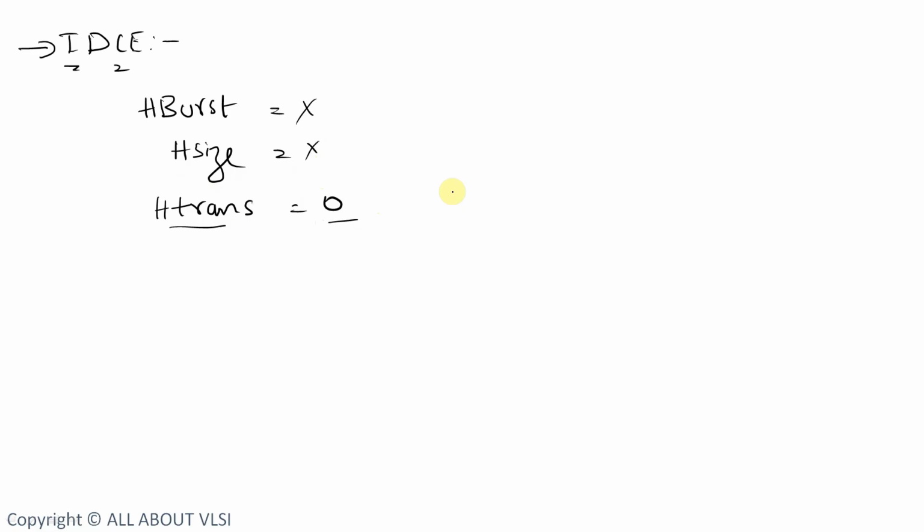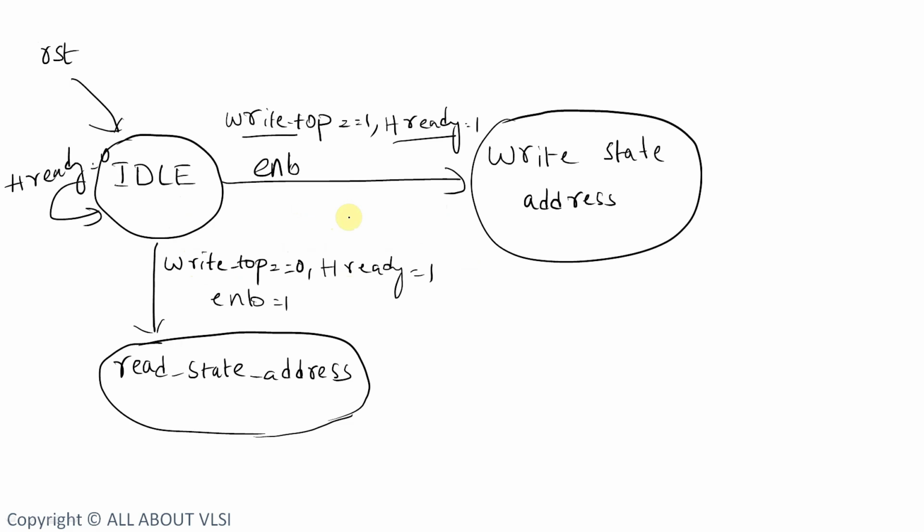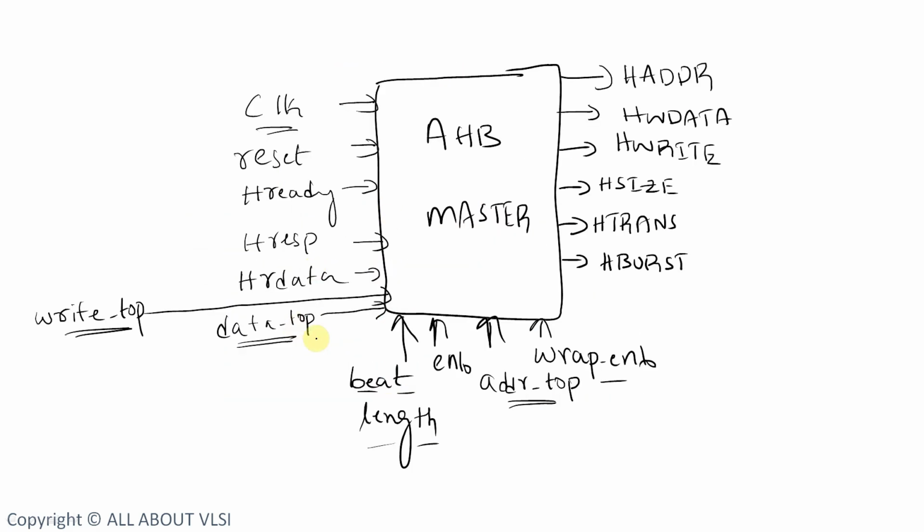If you haven't watched the previous recordings on the theory part, I recommend you watch them so you will know what the HTRANS signal is and why we make it 0. And address_internal, we are assigning it to address_top.